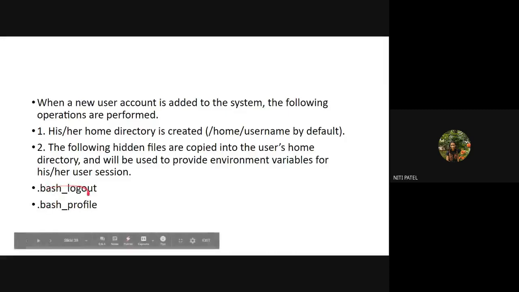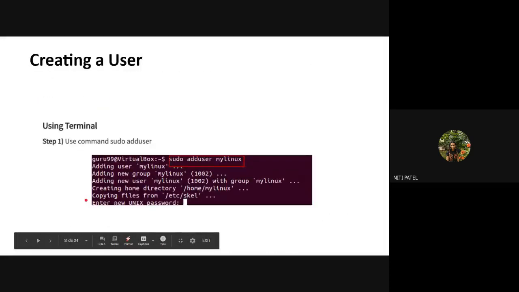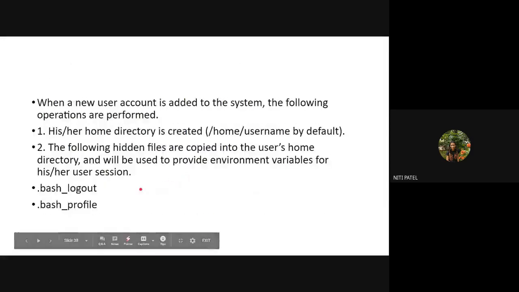Now, what is this? Some kind of hidden files are copied. If you see over here, there was one, copying files from /etc/skel. Did you find any file name over here? No. Why? Because those are hidden files. Which are those files? They are .bash_logout and .bash_profile. So these two hidden files are copied from etc inside the home directory.